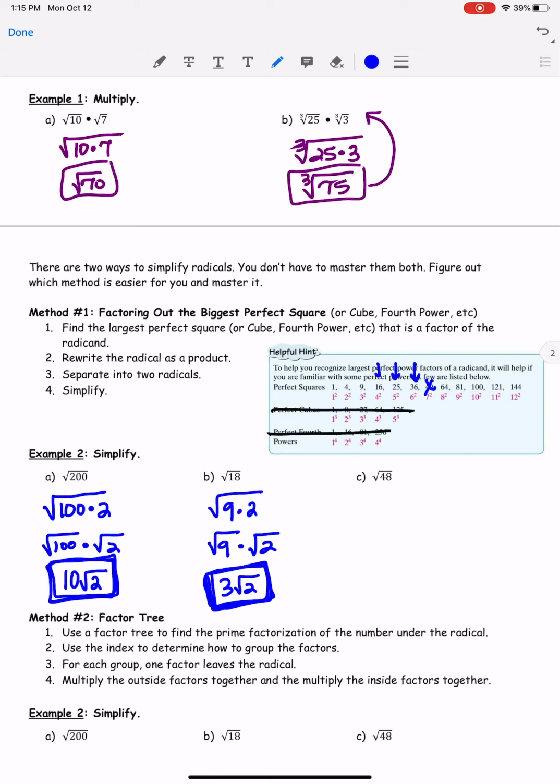No. What about 16? Yes, we can. That's 16 times 3. So break it up. This is square root 16 times square root 3. The square root of 16 is 4, and then square root 3 does not simplify.